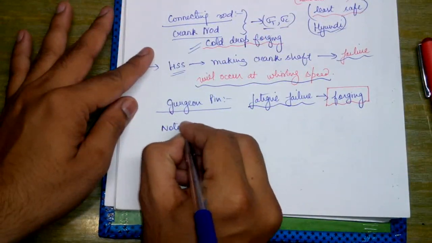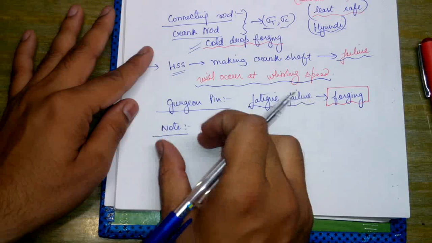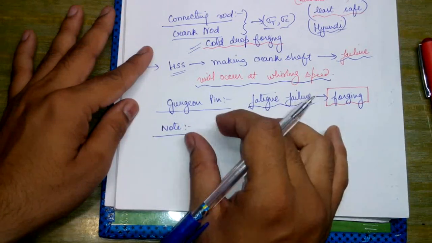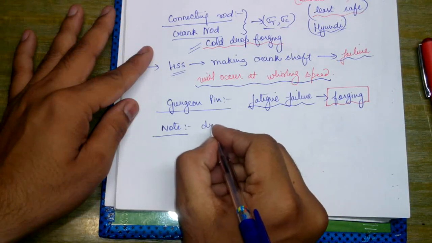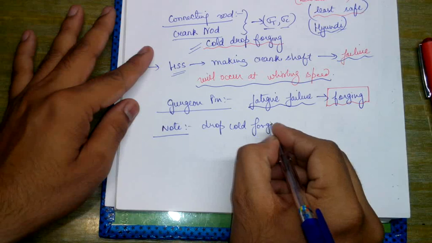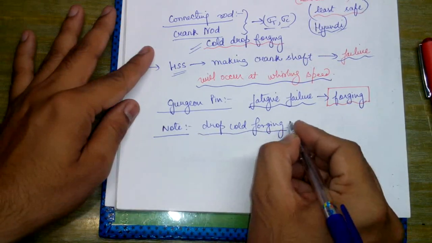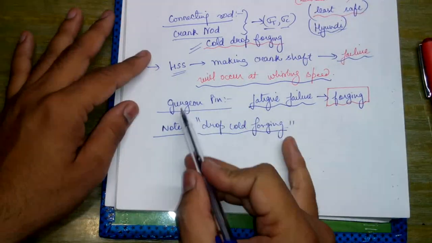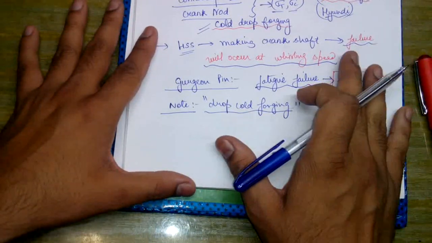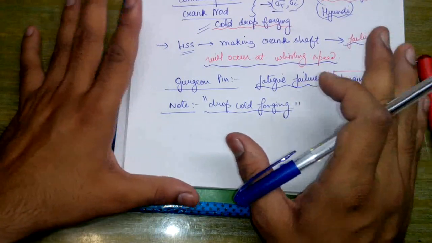So there is a note point, and the note point is connecting rod and the crank rod is also made up of forged steel, but specially by drop cold forging. तो drop cold forging का अपना एक बहुत ज्यादा इंपॉर्टेंस है, क्योंकि इससे प्रोड्यूस होने वाले कंपोनेंट्स की जो हमारी स्ट्रेंथ रहेगी वो बहुत ज्यादा रहती है.